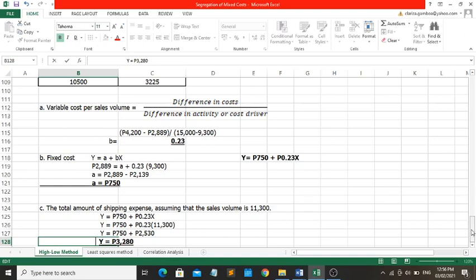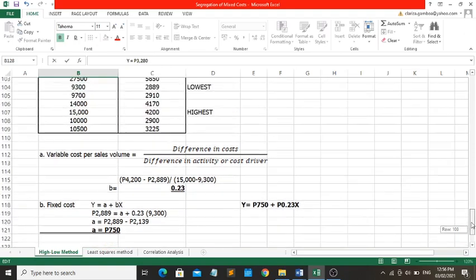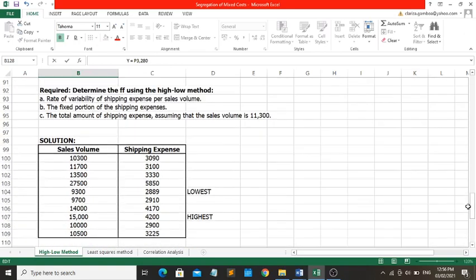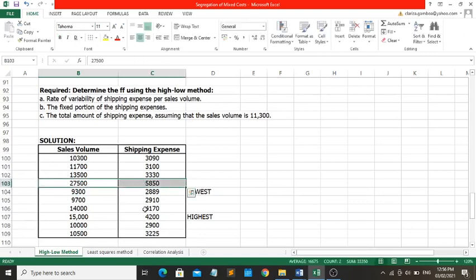Siguro nagtataka kayo, no? Bakit po sa pagpili ng highest and lowest, hindi natin sinama si 27,500? Bakit ang pinili natin ay yung 15,000 na sumunod lang dun sa 27,500? Okay, kasi ganito yan. Sa pagpili natin ng highest and lowest point, hindi natin sinasama yung mga extremely high and extremely low.